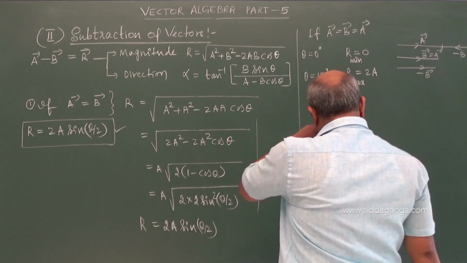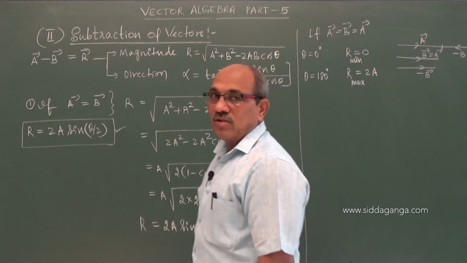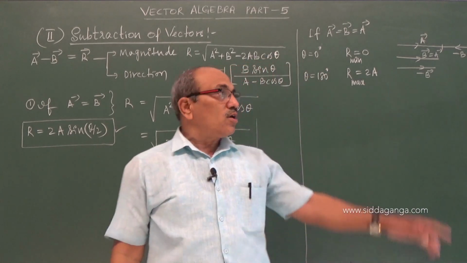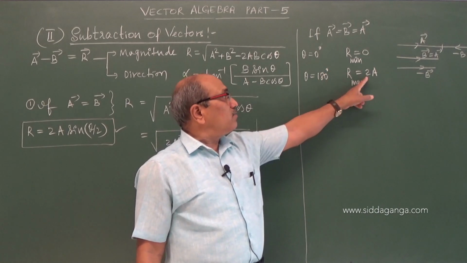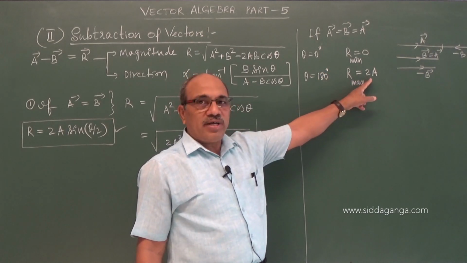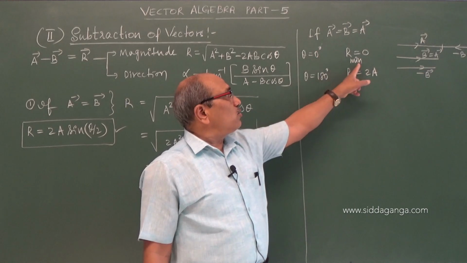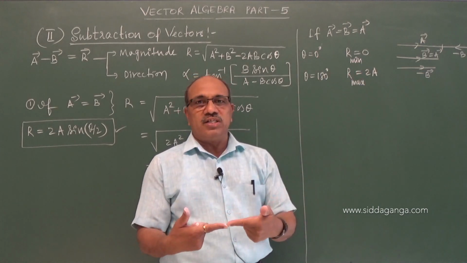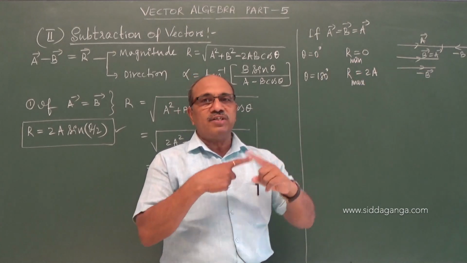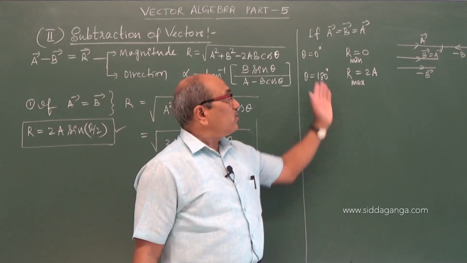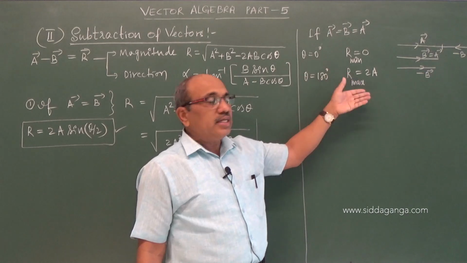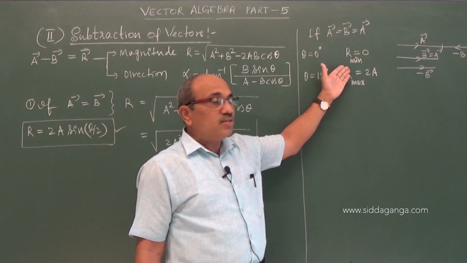Now it is reversed. In case of addition, when the angle between them is 0, R is maximum, 2a. Here, when the angle between them is 180, it is 2a maximum, and when theta is 0, minimum. When they act in the same direction, a minus b means both have the same magnitude and same direction, so the relative quantity becomes 0. Relative displacement, relative force, relative velocity, everything becomes 0.